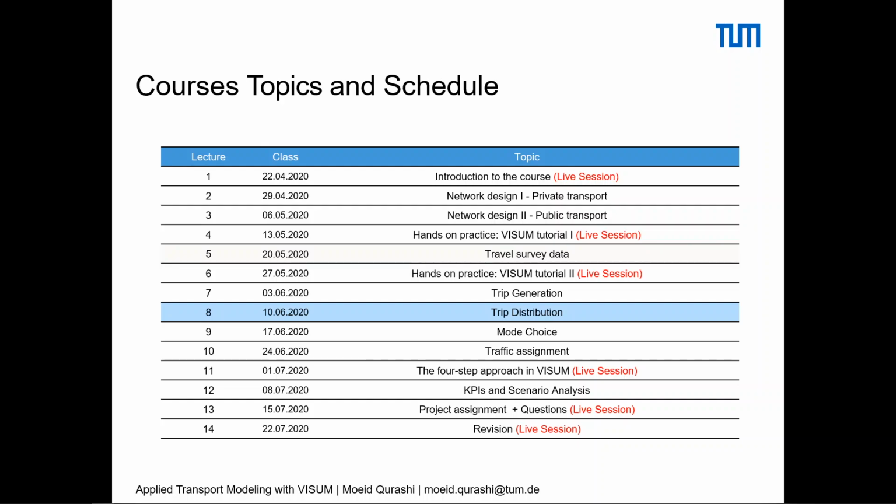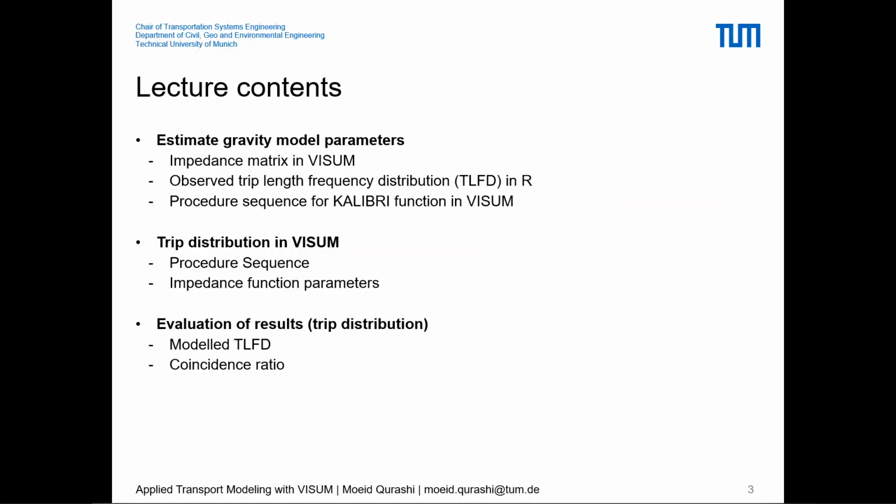In this lecture, we'll have three different major parts. The first part is that we will try to estimate the gravity model parameters for trip distribution. The idea is to convert the trip productions and attractions, which are the output of the trip generation step, into an OD matrix which has zone to zone trips.